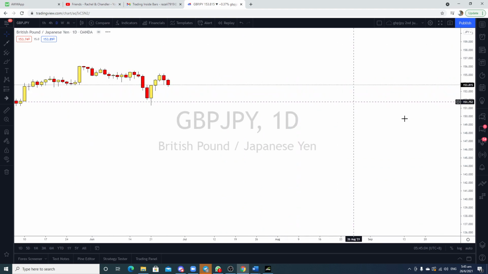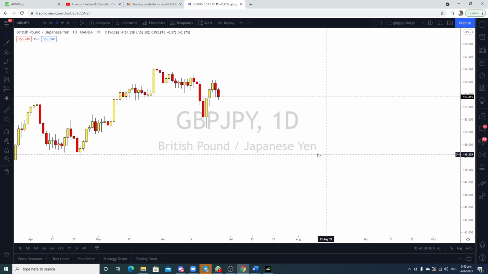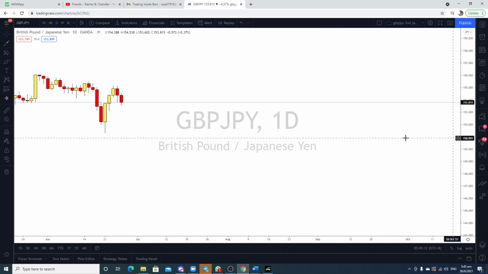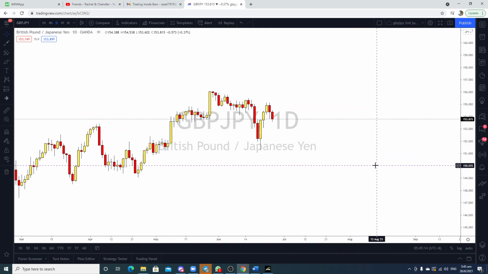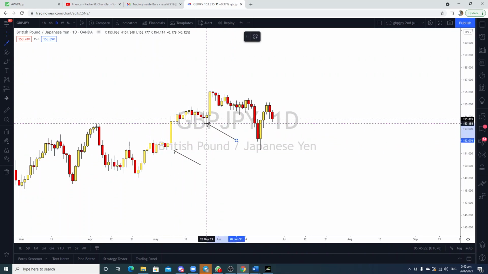So that tells me it's still good. Over the next few weeks, we can still look for a sell in this market. If you look at the structure of this market, we can see high lows here, and you can see high lows here.